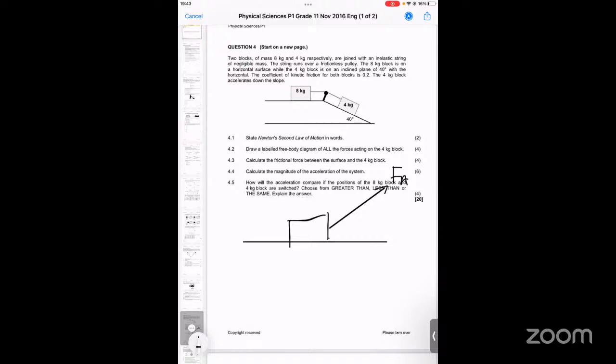I want you to be aware that this object is not moving in the direction of the applied force. It's moving towards the right, which means it is moving in that direction. So that is why we will refer to this as our force applied.